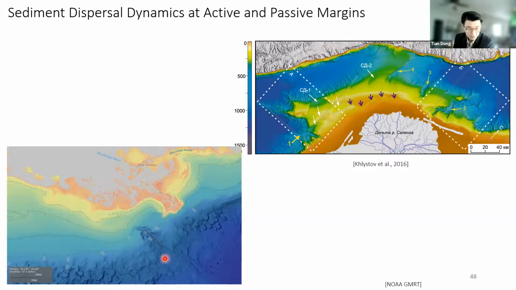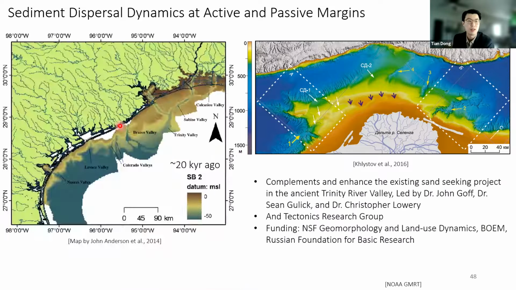This kind of delta and canyon configuration occurred in Texas as well through geological history. Here I'm showing a map of the Texas coastline, and this colored scheme shows ancient incised valleys that formed on the Texas shelf during the last glacial maximum. These channels are filled with sediment, particularly sand.